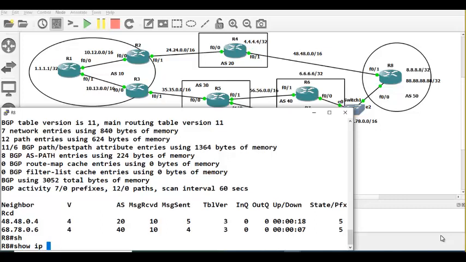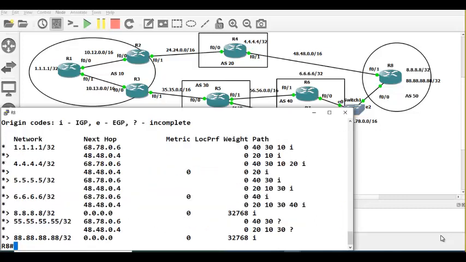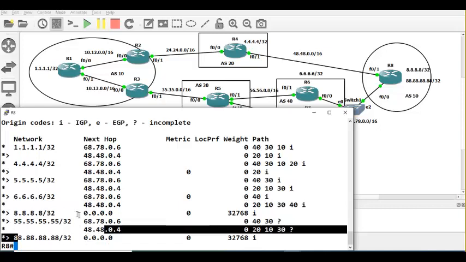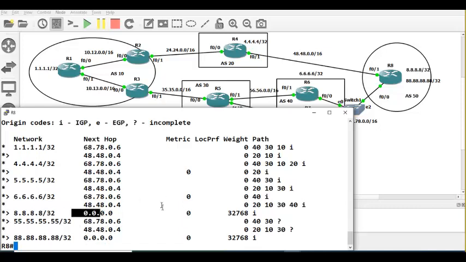Show IP BGP. You can see that you got 2 paths to reach every destination, except the local one. All other networks can be reached via router 6 as well as via router 4 from router 8.